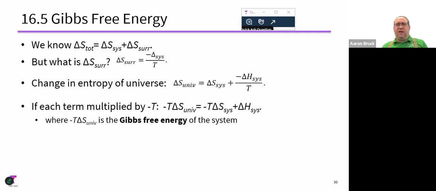But here's the problem. Entropy, as far as a construct, is not the easiest thing to quantitatively measure. Yes, we have standard molar entropies, and if we know the values going in, we can theoretically quantify that. But how did we get those values in the first place?